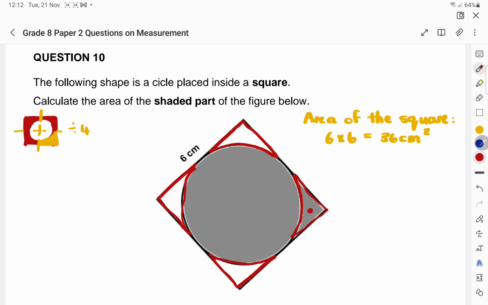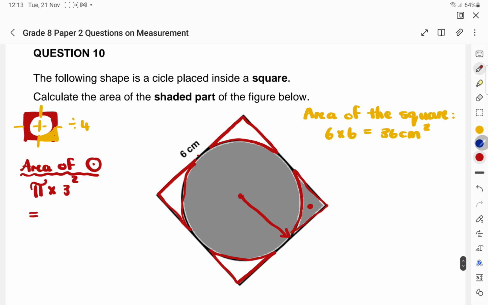So I'm going to start with the sum. I'm going to say it's the area of the square, and then the area of the circle is going to be pi times the radius squared. Again, what's the radius? If from there to there is 6, the radius would be 3. So pi times 3 squared gives you 28.27.